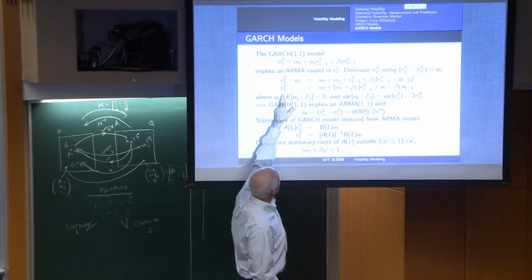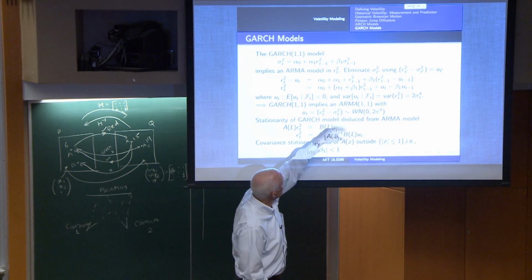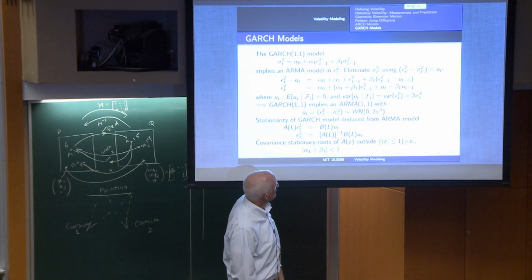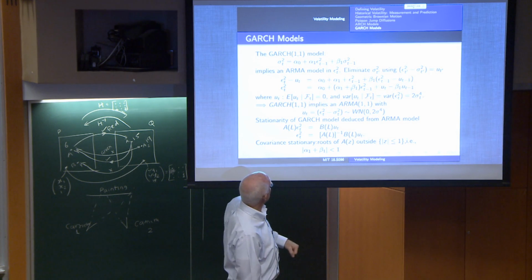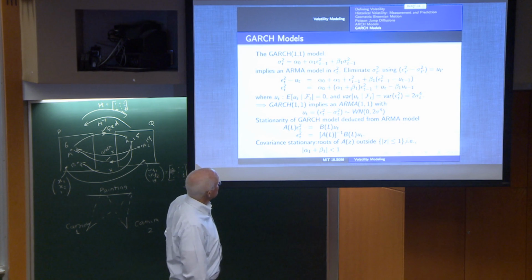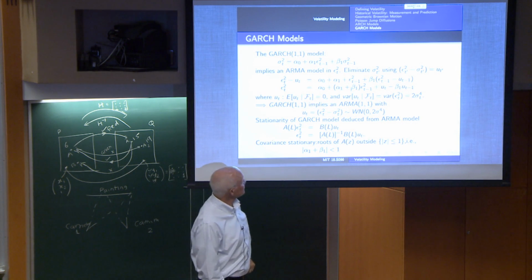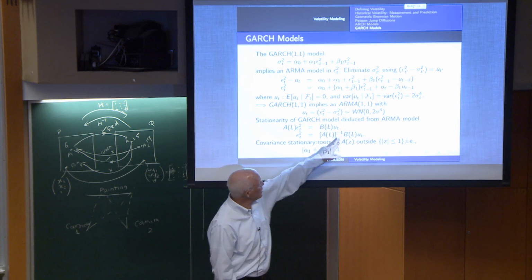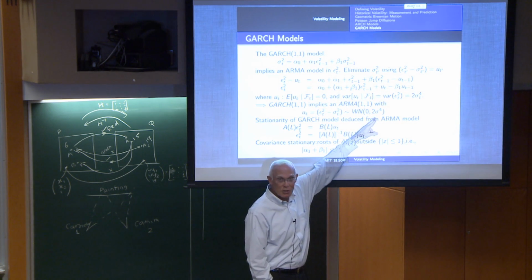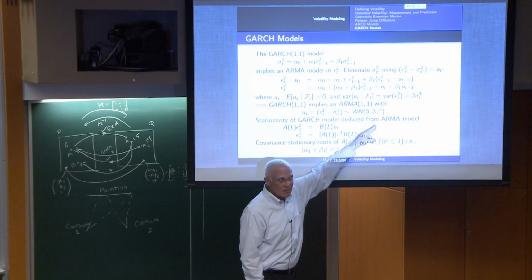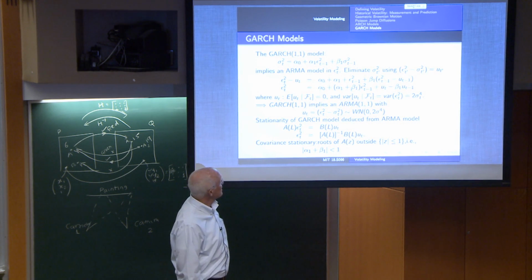And so epsilon t squared is alpha naught plus alpha 1 plus beta 1 times the squared t minus 1 lag, plus u t minus beta 1 u t minus 1. And so what this implies is an ARMA 1,1 model with white noise that has mean 0 and variance 2 sigma to the 4th, just plugging things in.